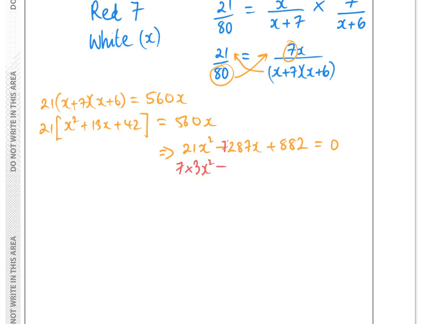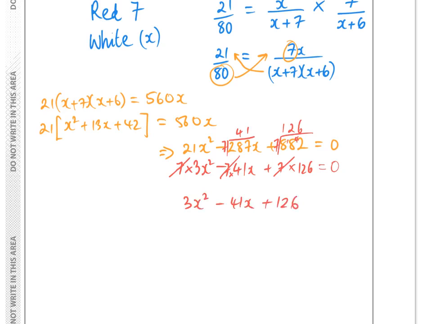If you do a little division sum here, you'll get 41. And if you do the same thing here, 7 into 8 is 1 remainder 1, 2 remainder 4, that's 6. So 7 times 126. So if you divided everything by 7 both sides, then you'd have 3x squared minus 41x plus 126.